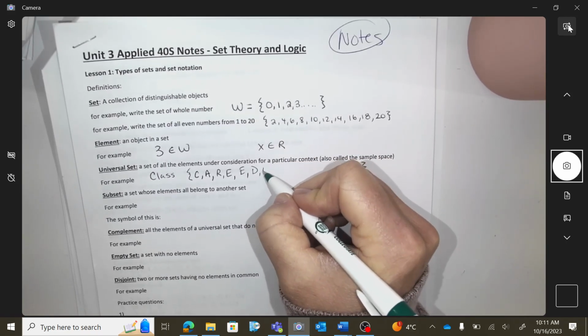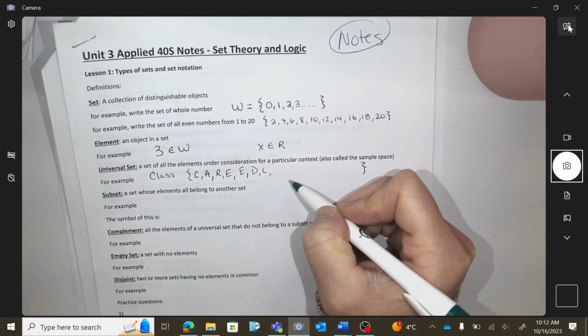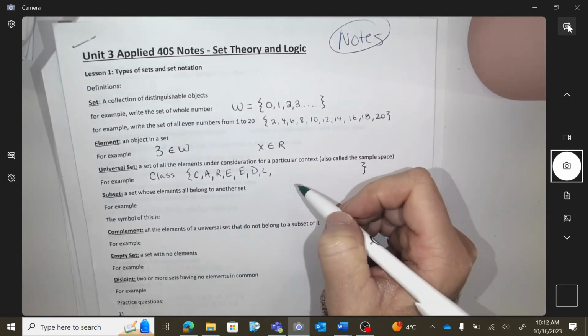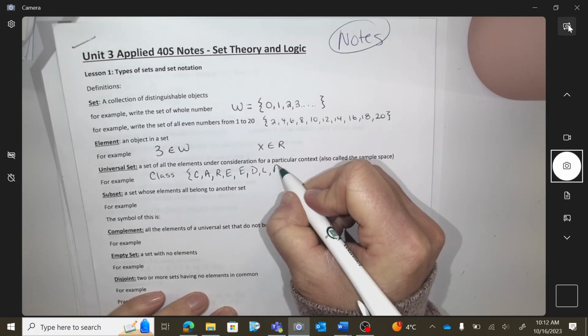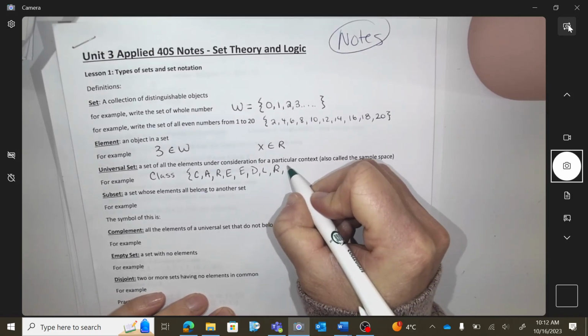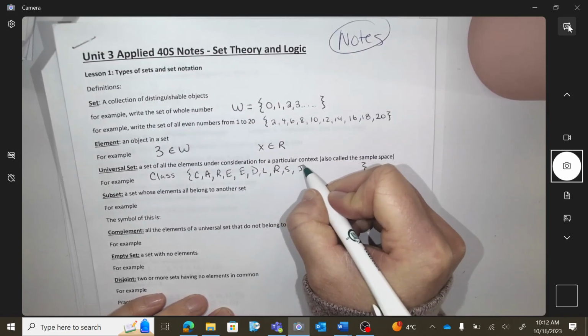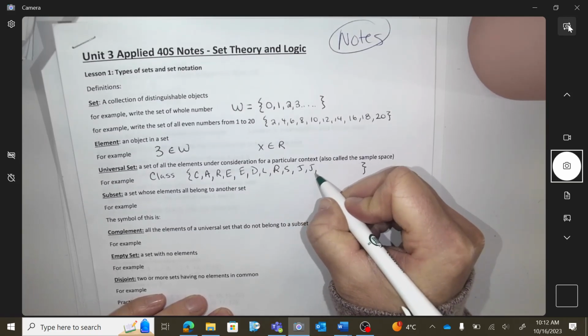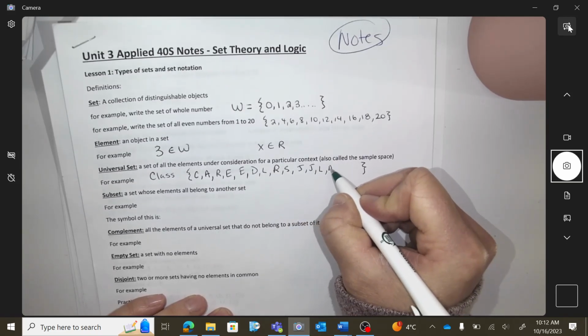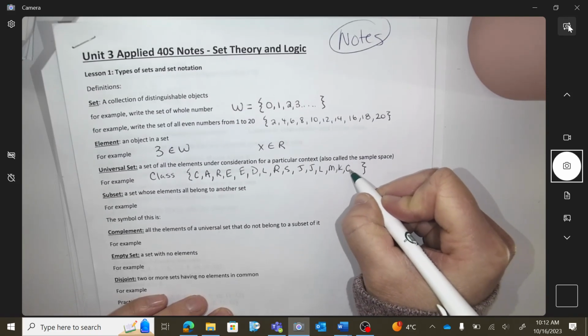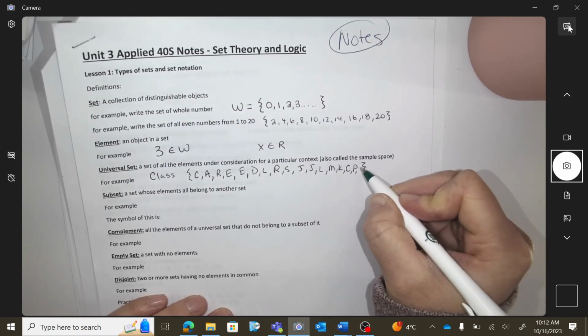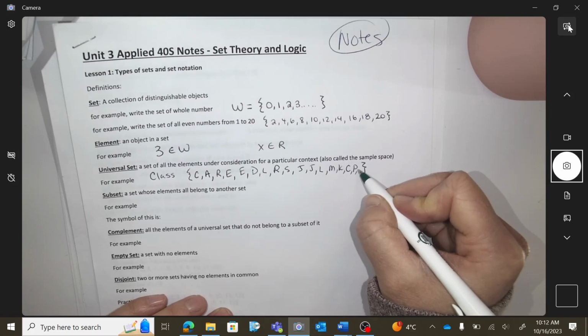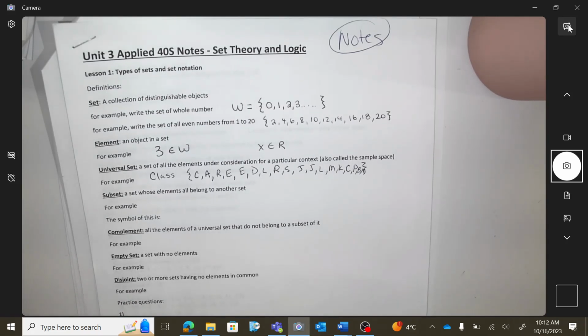Do you get the point? You would have to list every single person. I ran out of room here. So the universal set is all of you included.